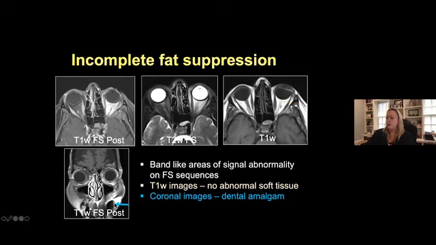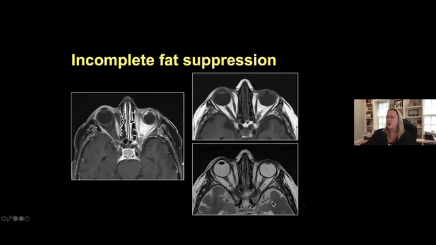Your axials may or may not go down through the maxilla, but often on a coronal or even on a scout image, you might be able to see dental amalgam, and that should give you a clue that you're dealing with artifact. Sometimes it can be really hard to tell, but always look back at your T1 pre-contrast images.